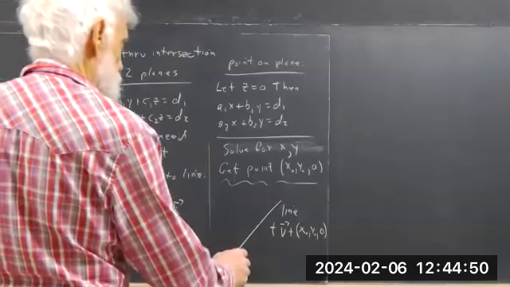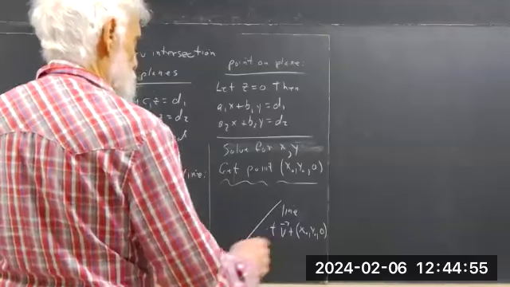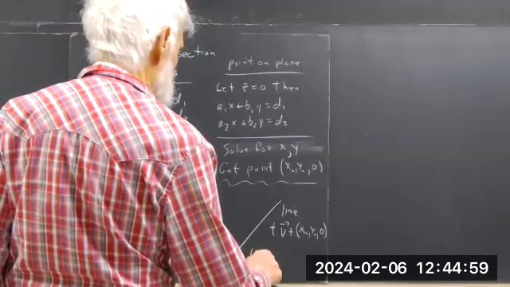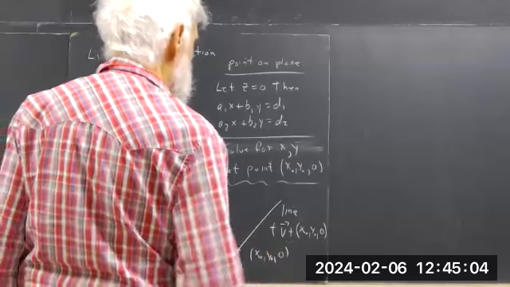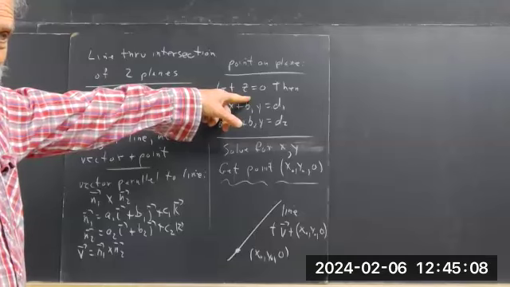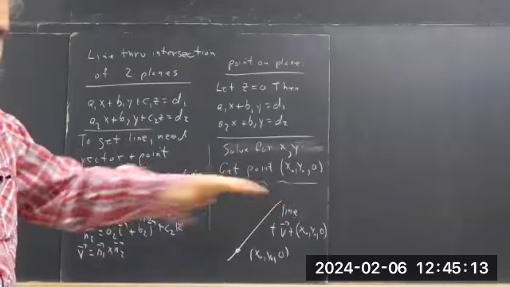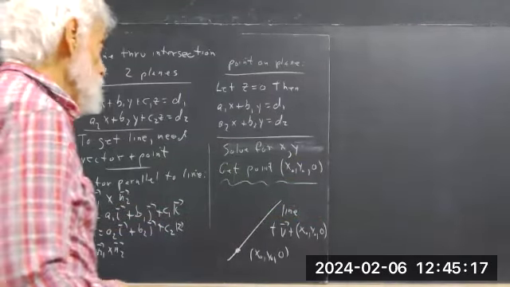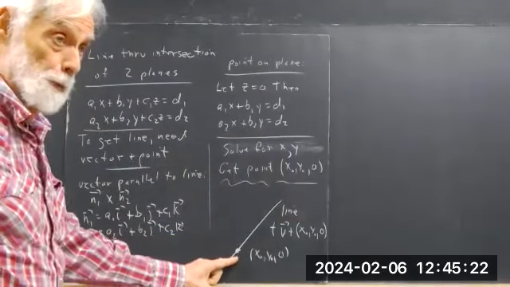I'm not going to draw X, Y, and Z axes because we don't need them. This point is X naught, Y naught, Z. We could have picked any value at all for Z, and unless one of the planes is flat, parallel to the XY plane, we get a result. And if it is flat, then it's even easier to get a point on that plane.